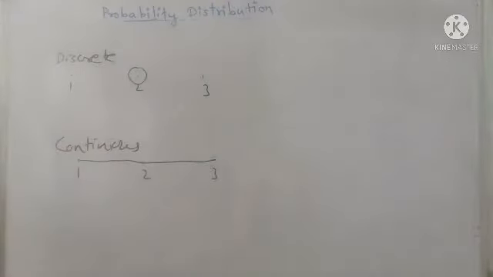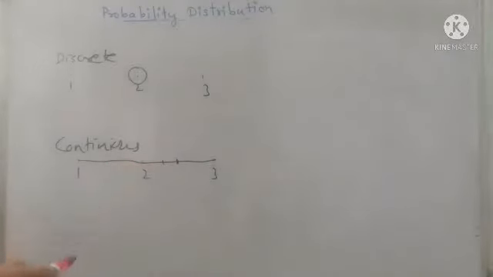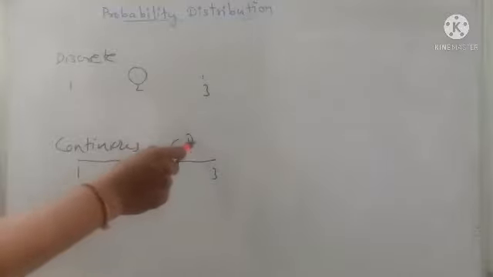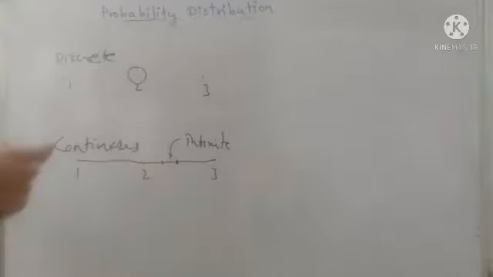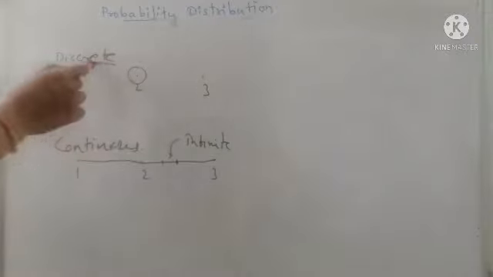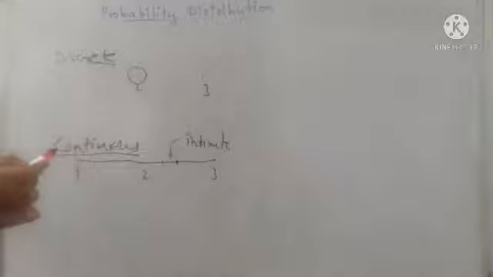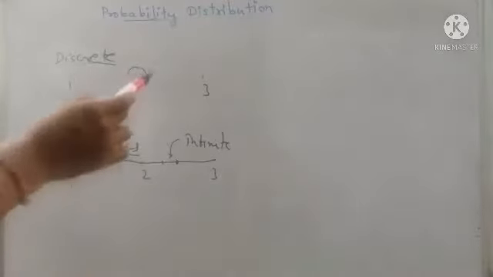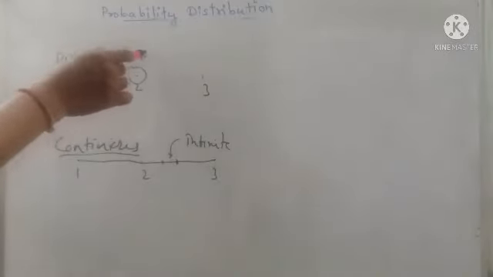If we take two points very close to each other on this line, there are still infinite points between them. In the first case these are distinct points, so they are called discrete, and in the second case these points are continuous. So if the outcome of the experiment is distinct, then the corresponding random variable is called a discrete random variable.